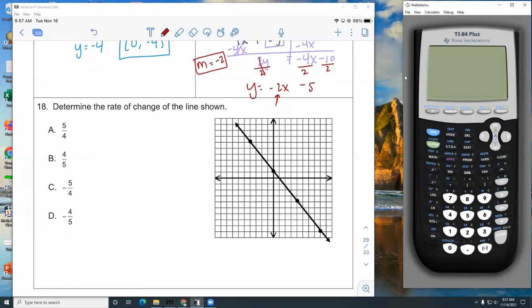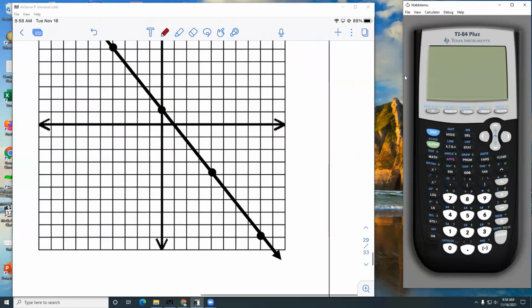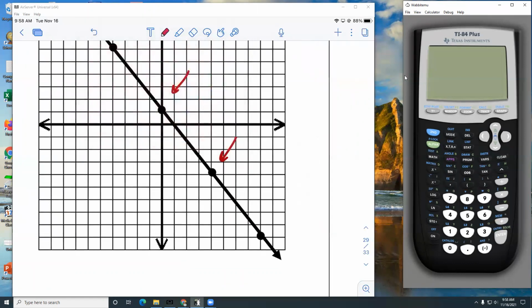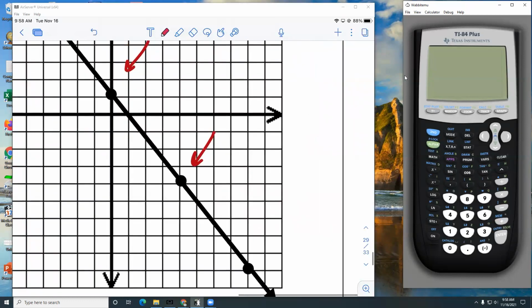Number 18 says determine the rate of change. Again, rate of change is a fancy word for slope. So I've got to find my rise over my run. Remember, guys, whenever you do rise over run, you read it from left to right like you read a book. So I'm going to use these 2 points here, this guy and this guy. Now, going from left to right, I'm actually going to have to start by going down.